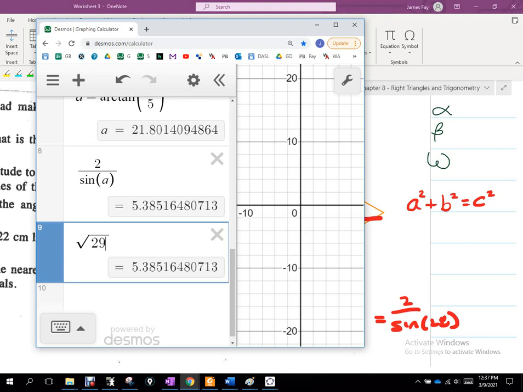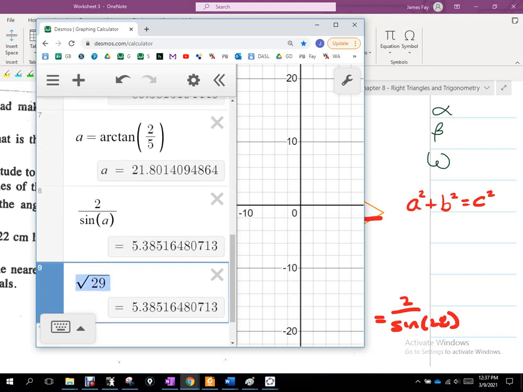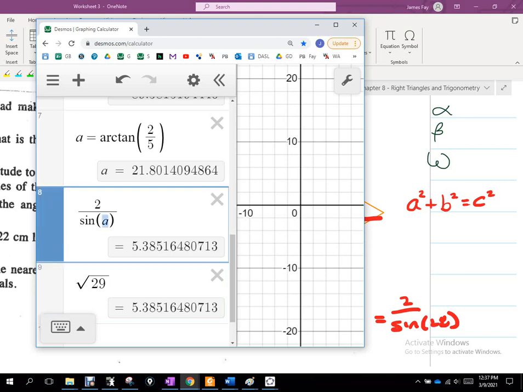Now, the Pythagorean theorem, without the use of a calculator, is a better procedure and result than using SOHCAHTOA, because if I use SOHCAHTOA, then chances are to generate an actual value that I can put on the number line, I'm going to have to round that 21.8 number.